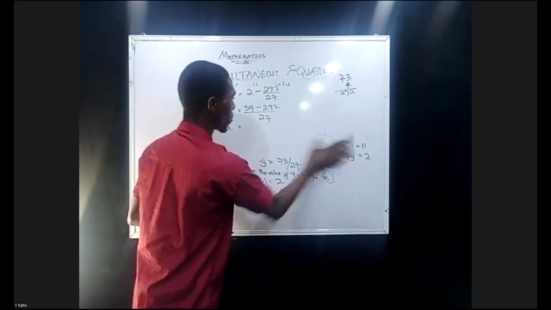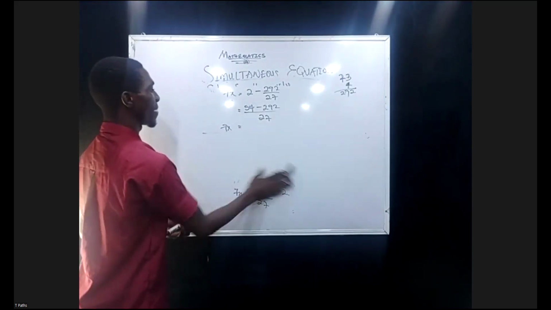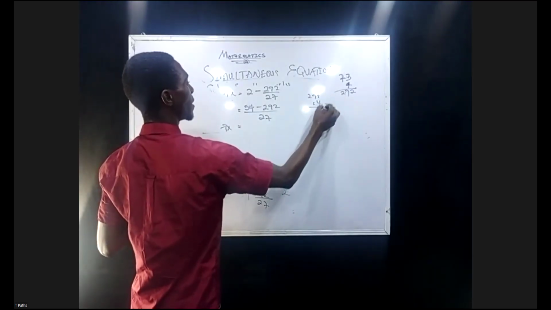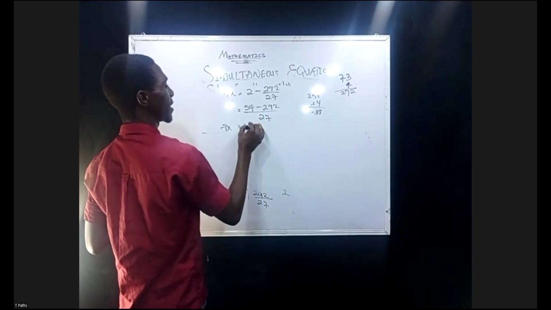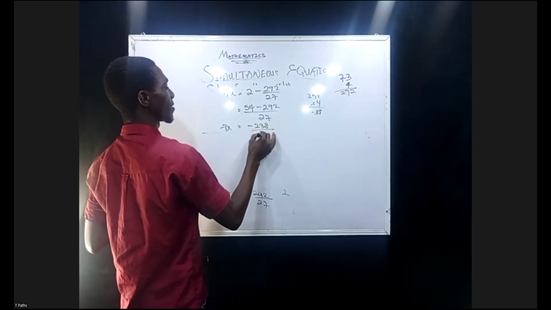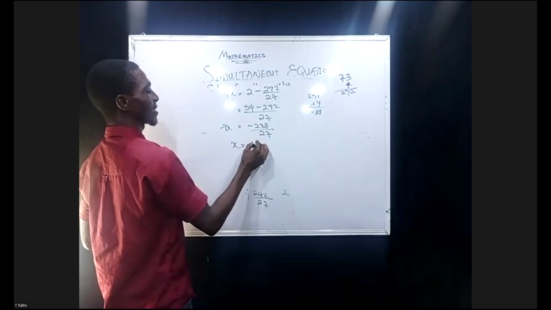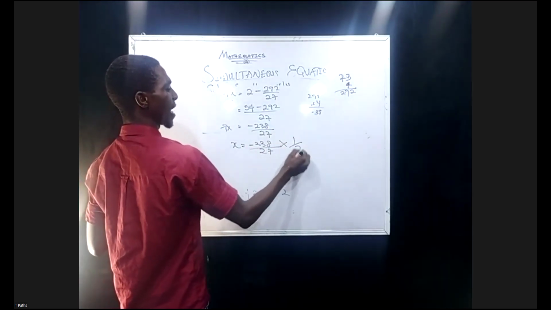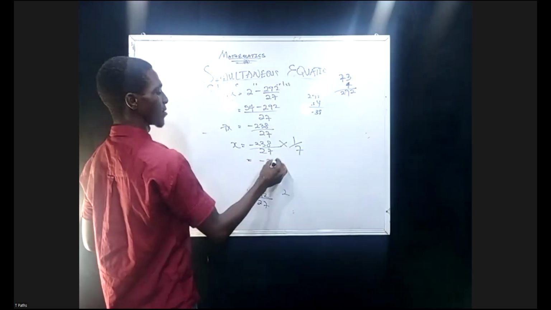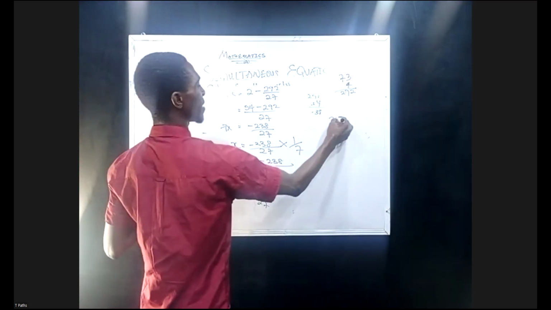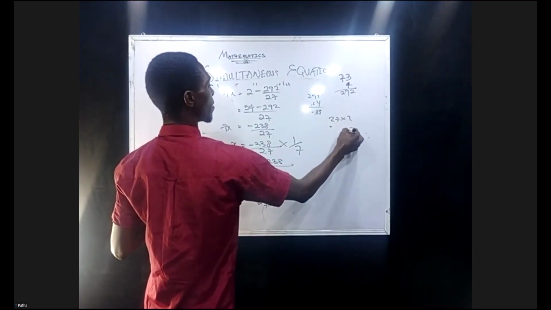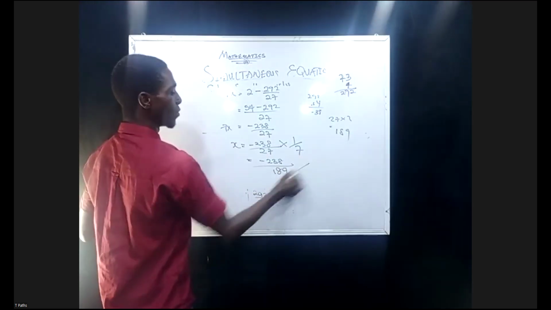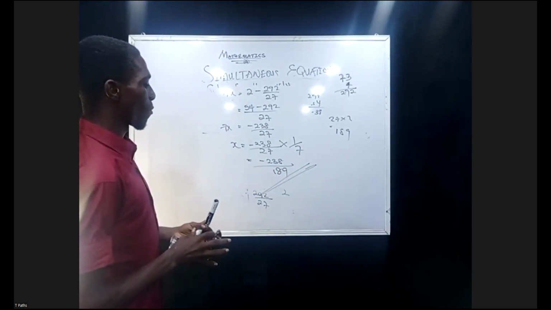The value of 54 minus 292 is minus 238 over 27. Then the value of x is minus 238 over 27 times 1 over 7. So the final answer is minus 238 over 27 times 7, that's 189. So this is the final answer for x and y.